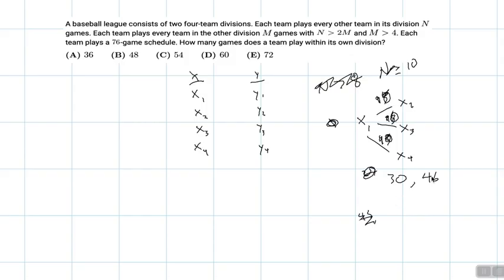Yeah, let's say 15. So we have 45, and then what the other one is, 31. But then that doesn't go in nicely. But even just if we did this, so if N is 45, 15 games each, 31 divided by 3 is 10, but N is greater than 2M.